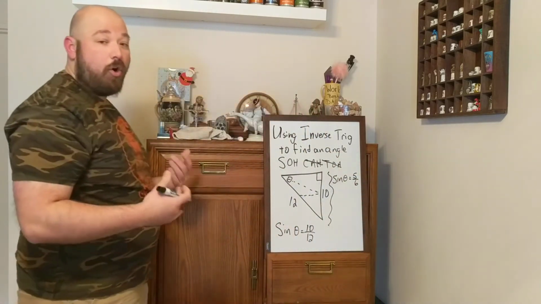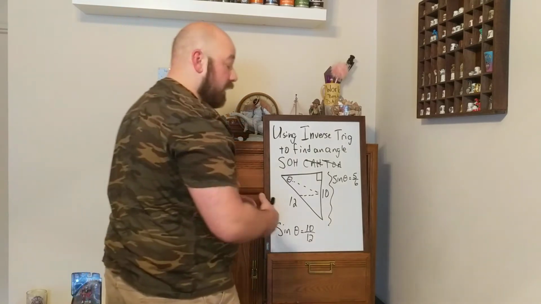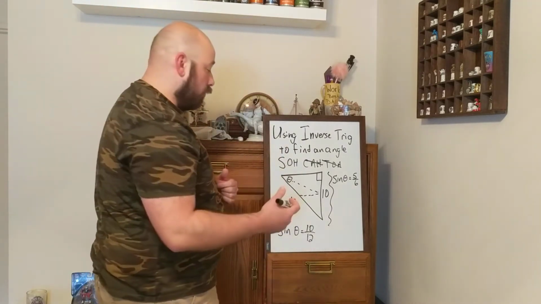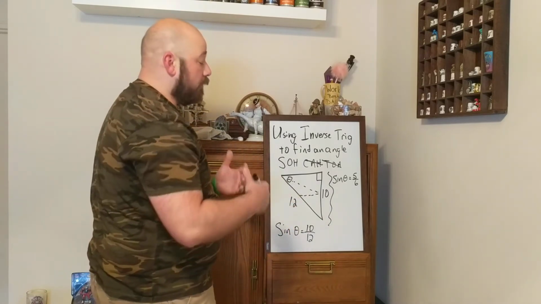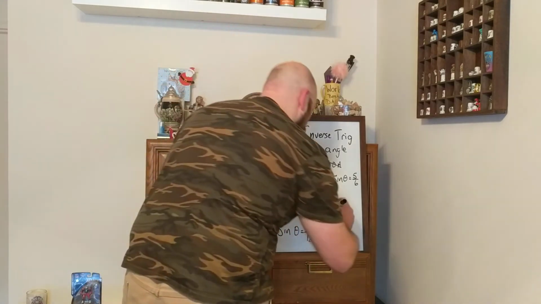Now to find theta, all we have to do is take the inverse of the sine function. Using this in a calculator, if you want it to be in degrees, make sure it's in degrees. If you're okay with it being in radians, you can leave the calculator in radians.